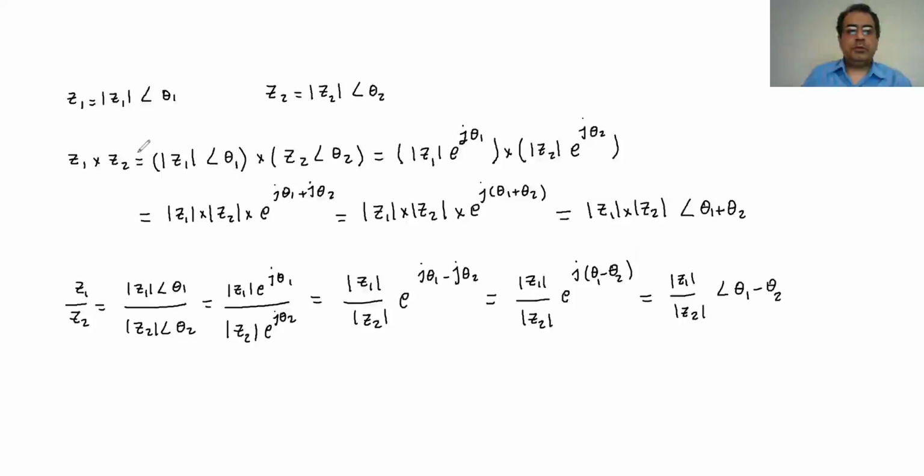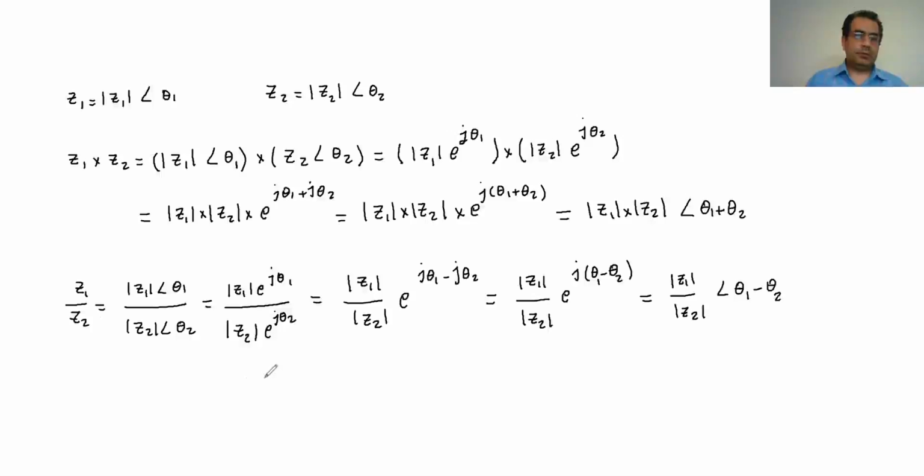So eventually you can skip all these middle steps. When you multiply them, say, okay, I multiply the magnitude and add the angle. When you divide them, you divide the magnitude and subtract the angle, and this is how you do the multiplication or division.